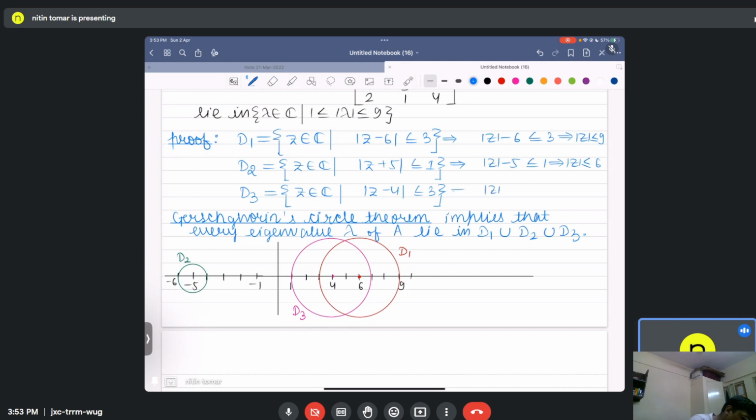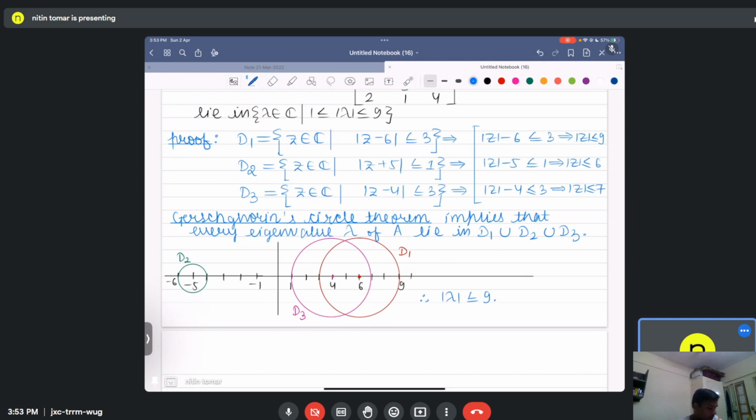And here you'll have mod z minus 4 less than or equal to 3, so mod z less than 7. So in all these three cases, even from the diagram it is clear that mod lambda should be less than or equal to 9.